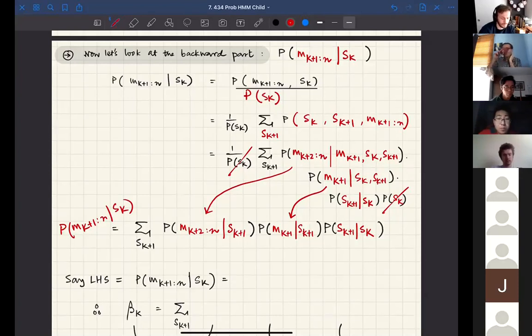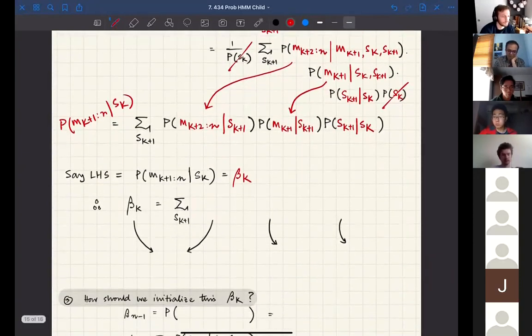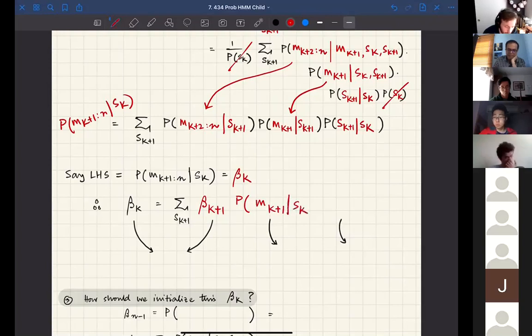Well, if you call the left-hand side alpha k, I guess, beta k, then the first term would be beta k plus 1. Perfect. So now I have sigma over sk plus 1, beta k plus 1 times p of mk plus 1 given sk plus 1 times p.